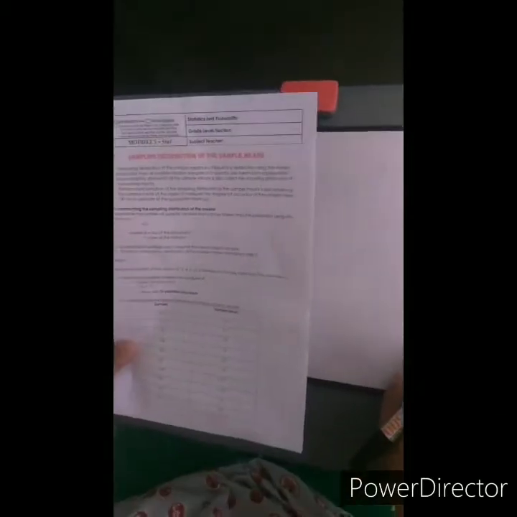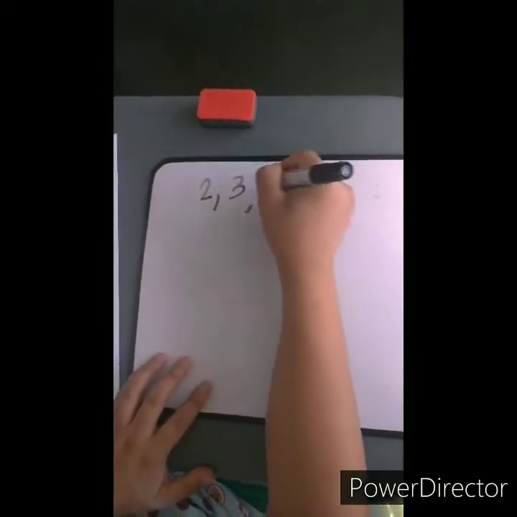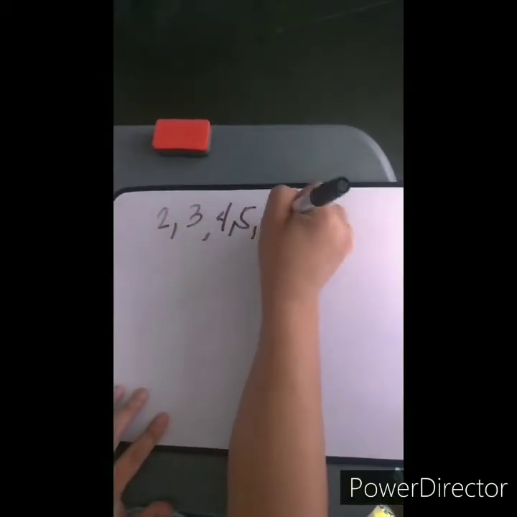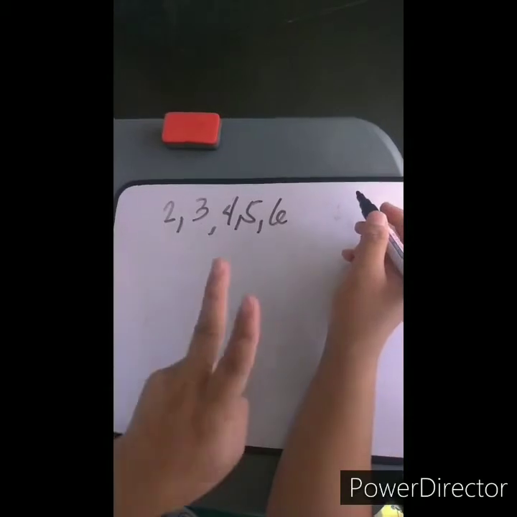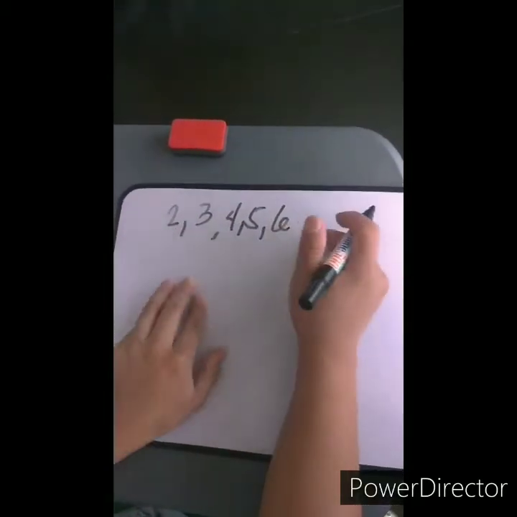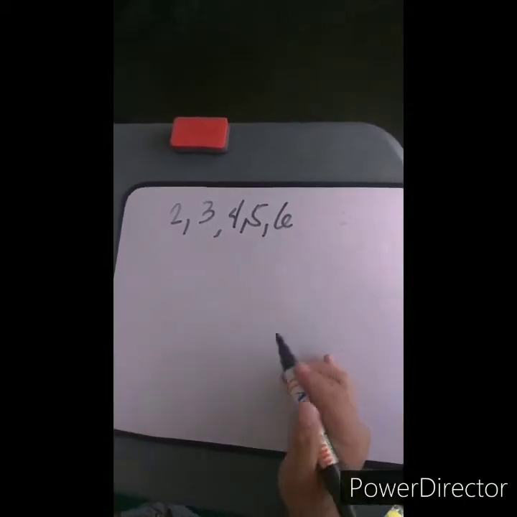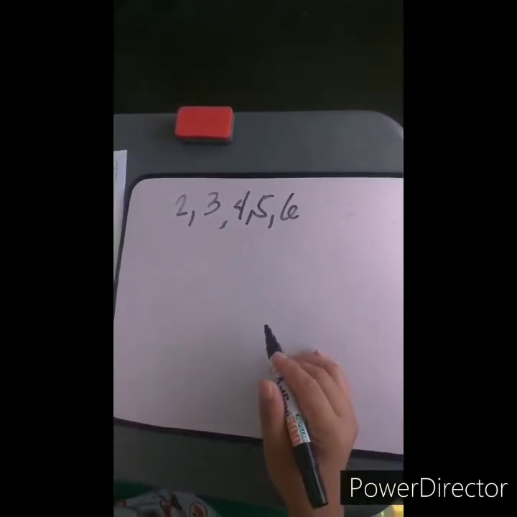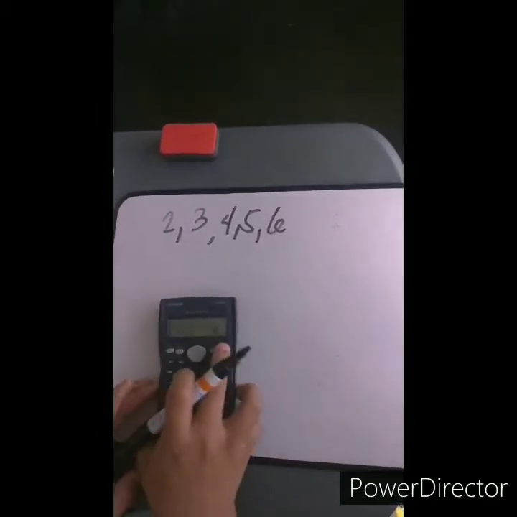Now let's have an example. So we have here a population consisting of 5 values, which are 2, 3, 4, 5, and 6. This is your population, and you are to draw samples of size 2 from the population. So what are the possible outcomes? For you to be able to know how many possible outcomes you can make, you can use your calculator.